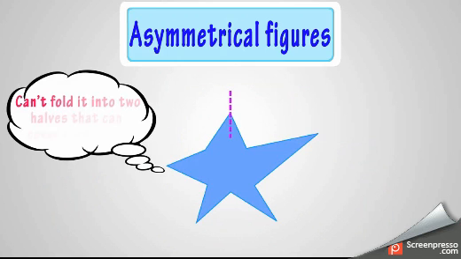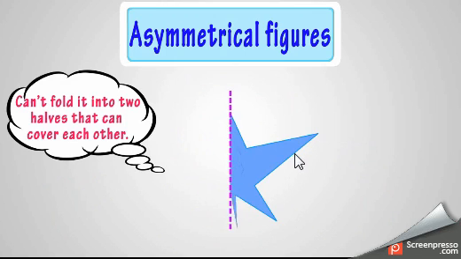If I fold this star, no, mister, it can't be folded into two halves that cover each other, so this shape I call an asymmetrical figure, or non-symmetrical figure.